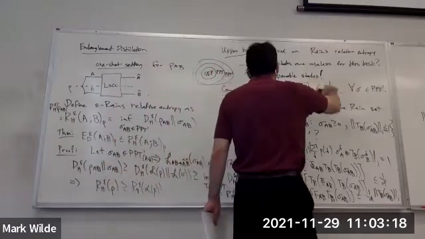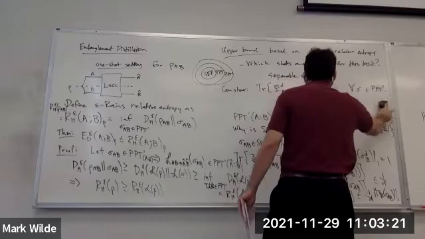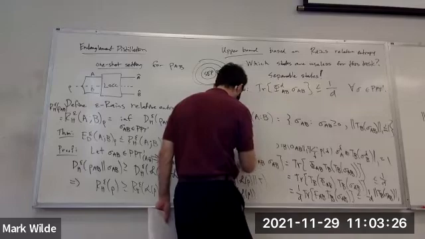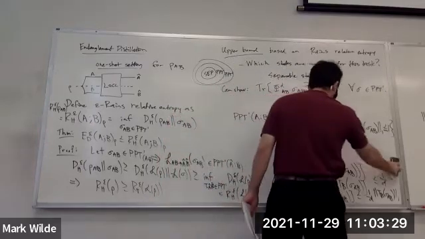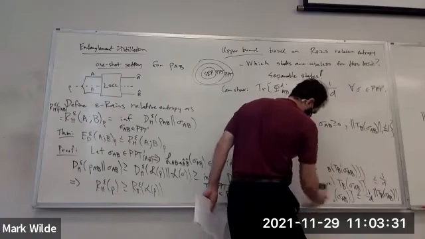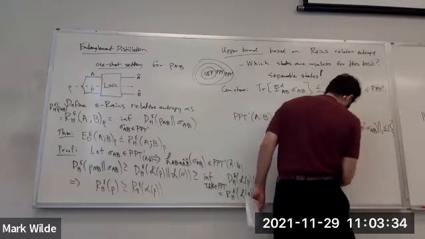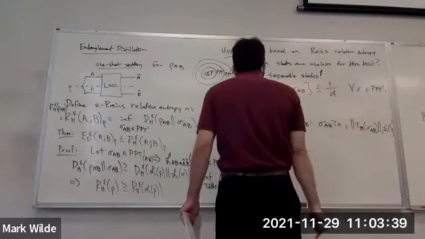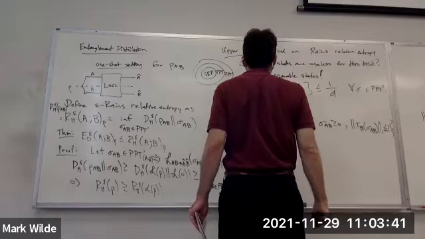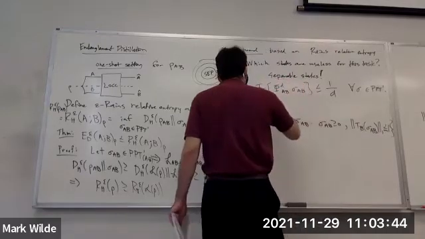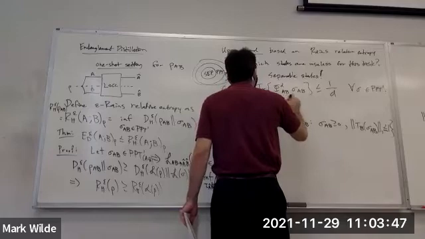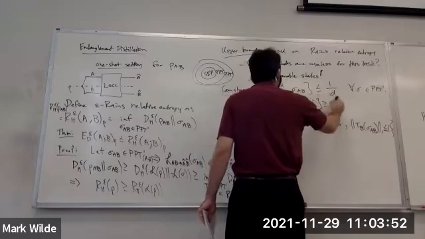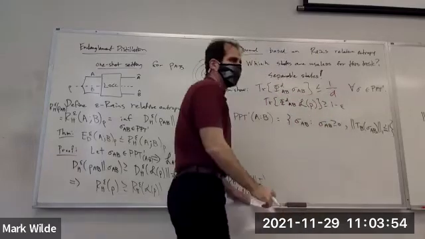Okay. So now we need to use this fact. Okay, so my hypothesis is larger than 1 minus epsilon. Okay.